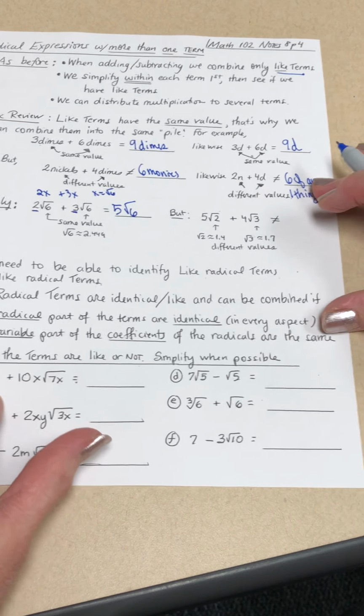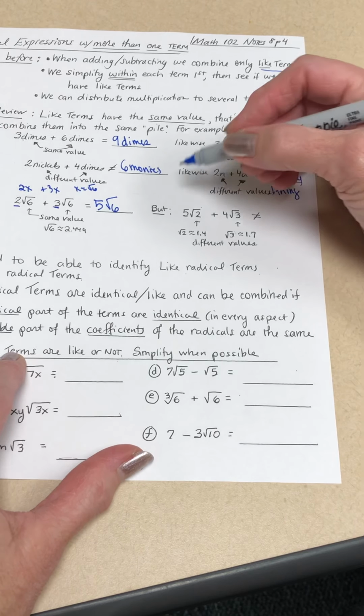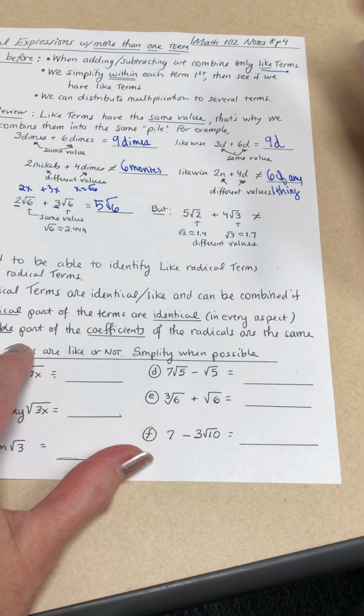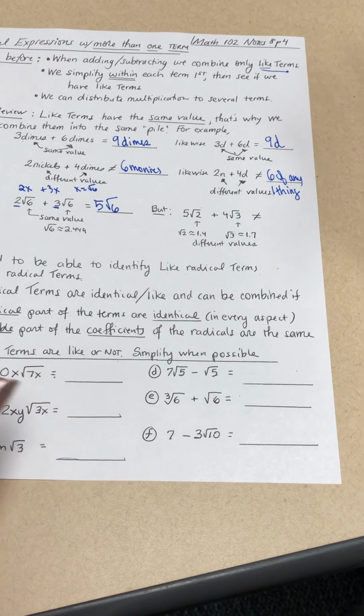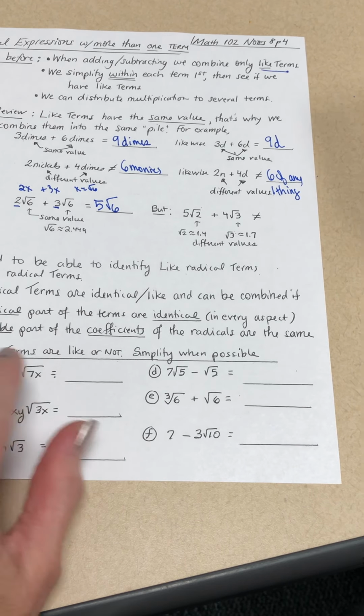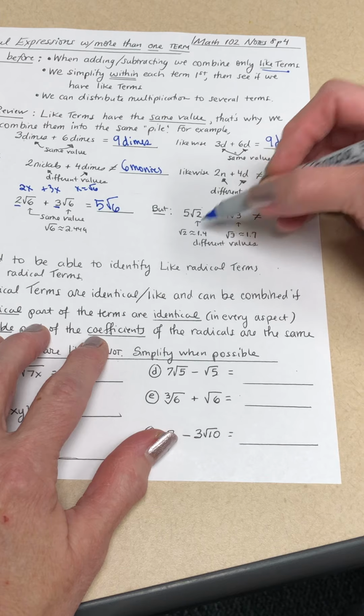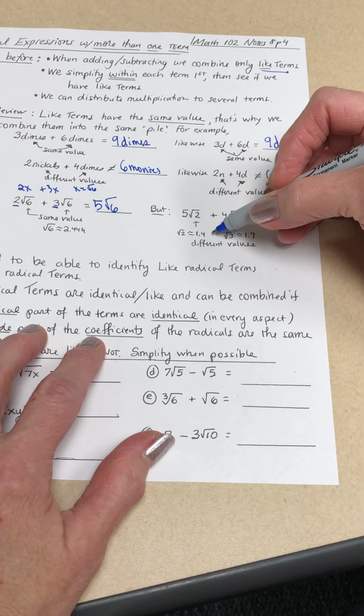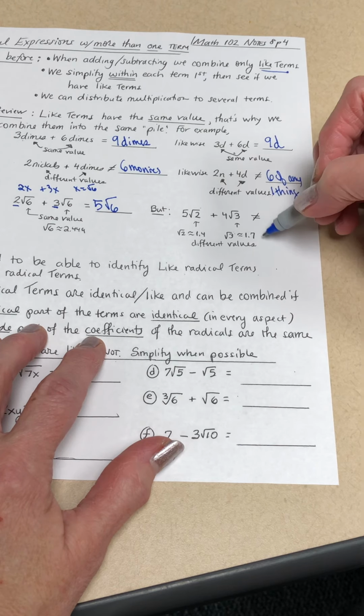But over here, 5 square root of 2 plus 4 square root of 3, those are not like radicals. They're both constants, they don't have variables, but in terms of radicals, they're not alike, because the square root of 2, you can punch that in your calculator, that's about 1.4. But the square root of 3 is about 1.7.